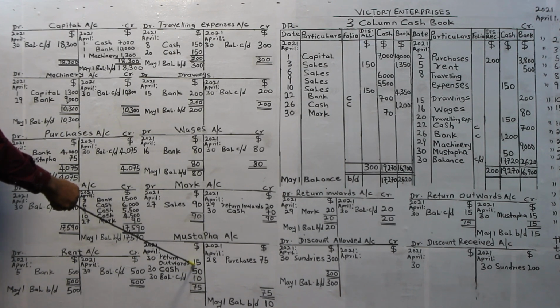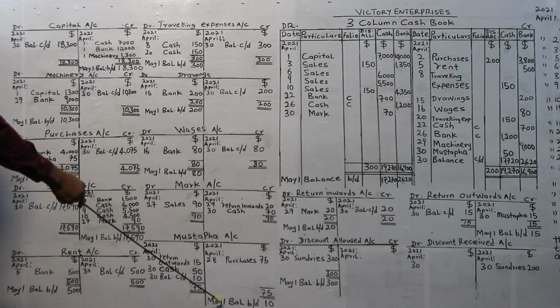And if you add 15 plus 50 plus 10, it gives us 75, which is closed in the same line with this. Finally, the balance carried down of $10 is brought to the credit side of Mustafa's account as the opening balance of May 1st, 2021.